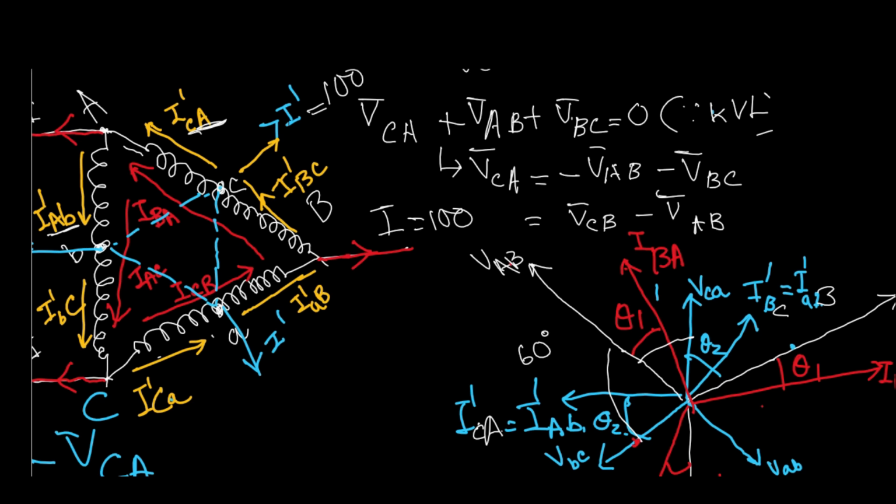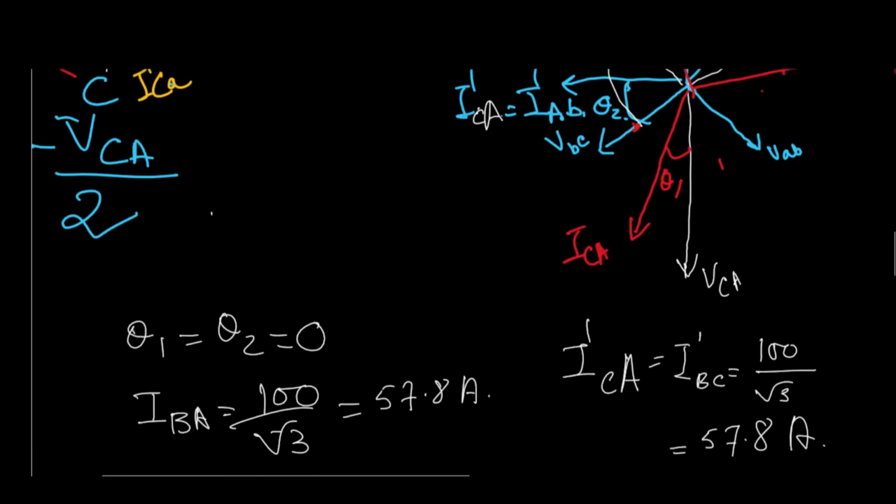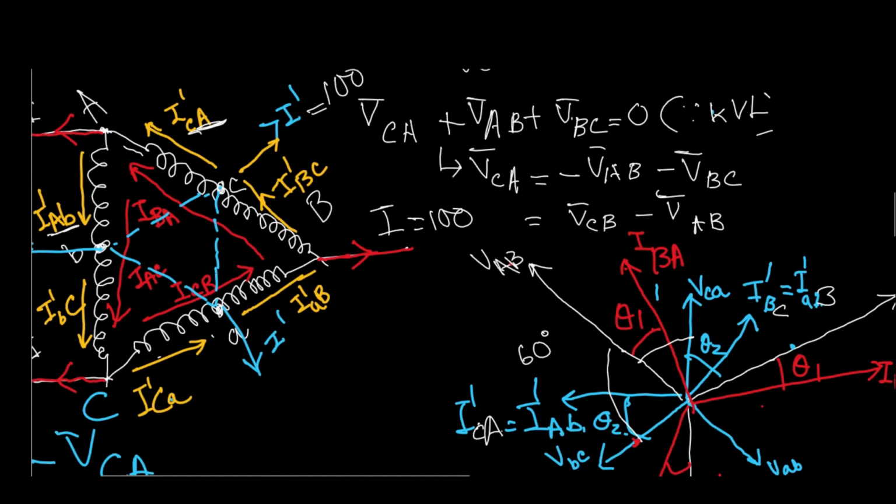Right? Now here let us proceed. With this, another interesting thing to note is that this I'CA is only getting, if the secondary turn is N2, only N2 by 2 amount of turn for its work.